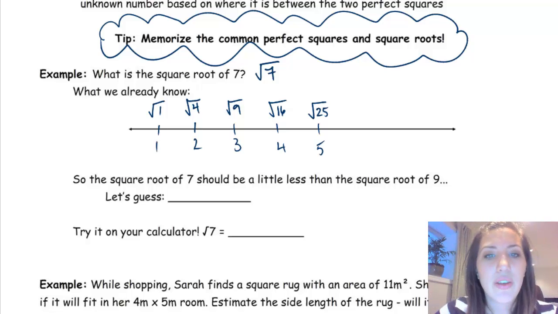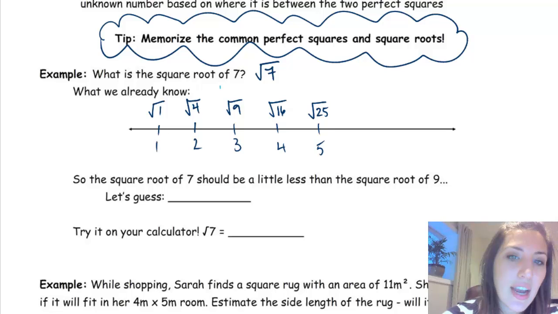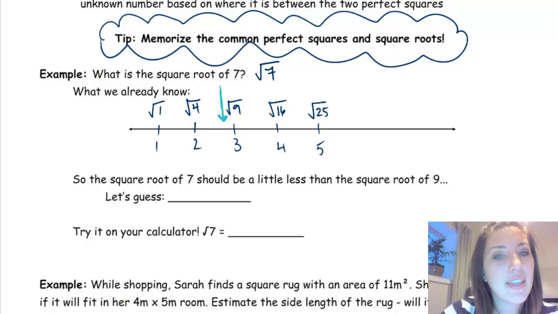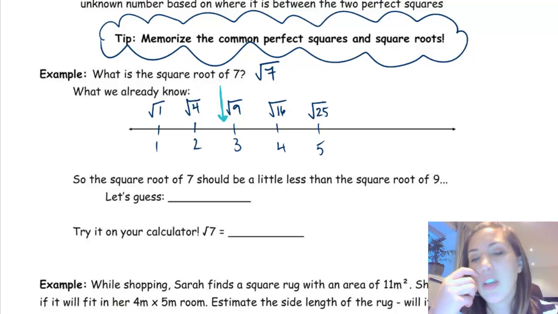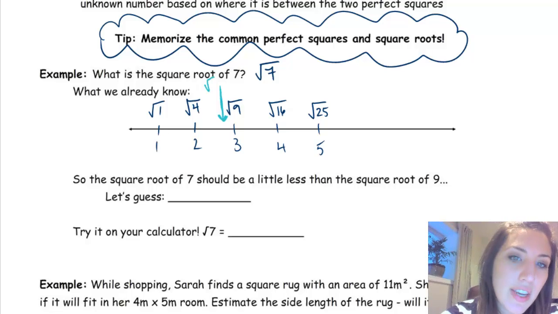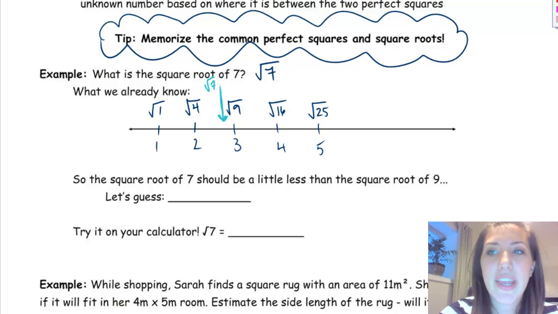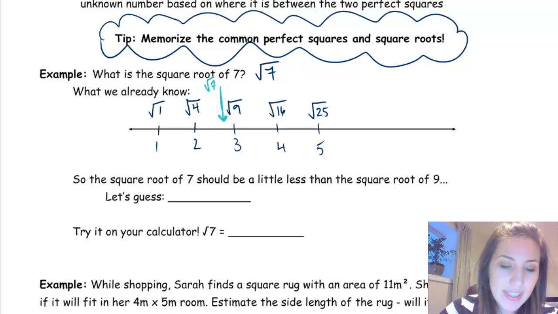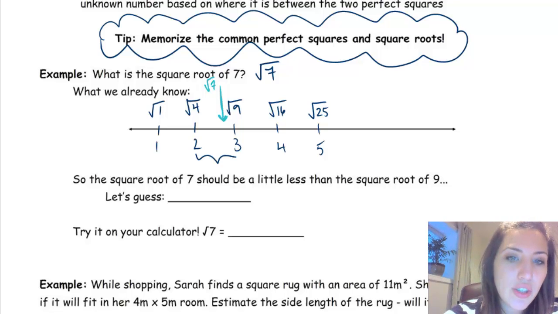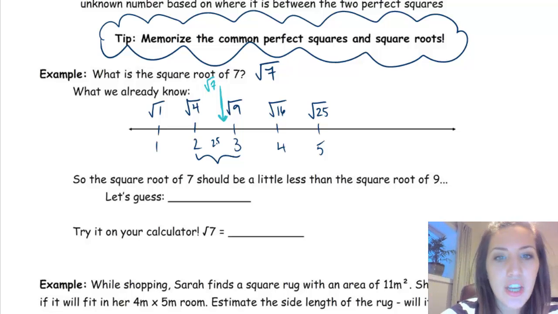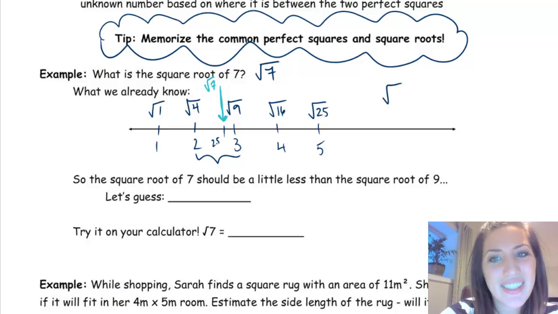Okay, so, square root of 7. Well, we can see on here that 7 is between 4 and 9, but it's a little bit closer to the 9 because 4, 5, 6, 7, 8, 9. So I would say that the square root of 7 is probably just about there. And if that's just about there, between the 2 and the 3, if this is 2.5 right here, maybe this is at like 2.6.